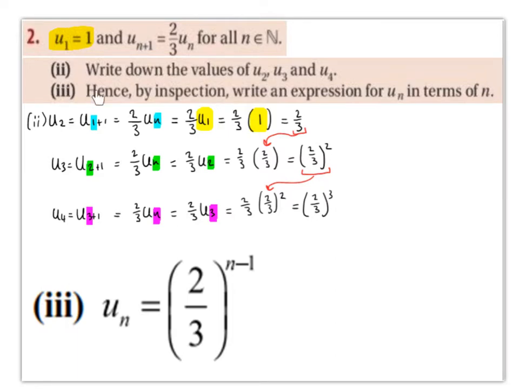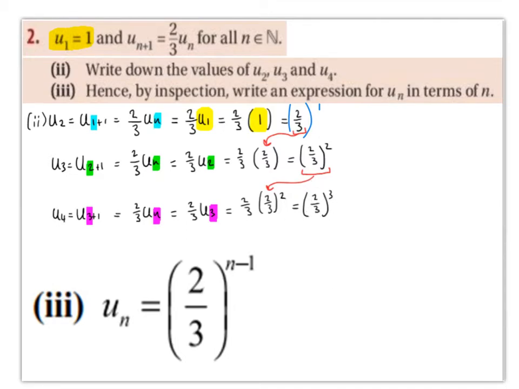Part 3. Hence, by inspection, write an expression for un in terms of n. So u2 was 2/3, which is really 2/3 to the power of 1. And u3 is 2/3 to the power of 2, and u4 is 2/3 to the power of 3.